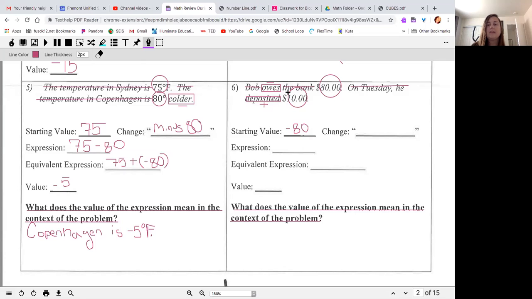So we're putting negative because he's short. He owes the bank. And then my change, deposited 10, and that's adding. So he plus 80. Plus 10. My expression, negative 80 plus 10.